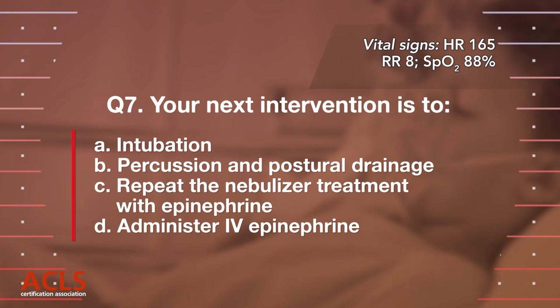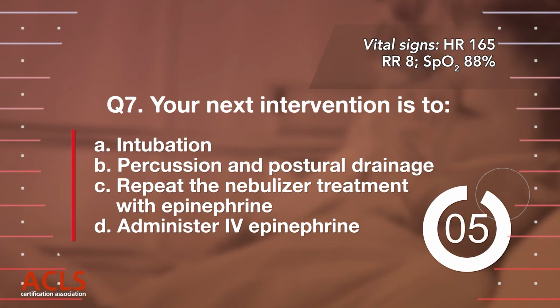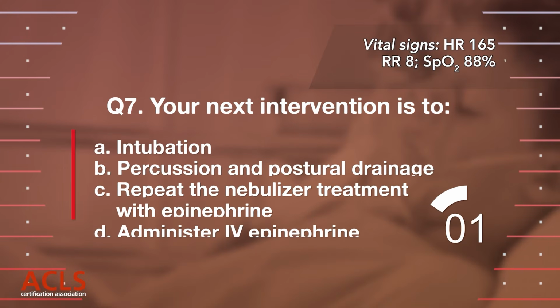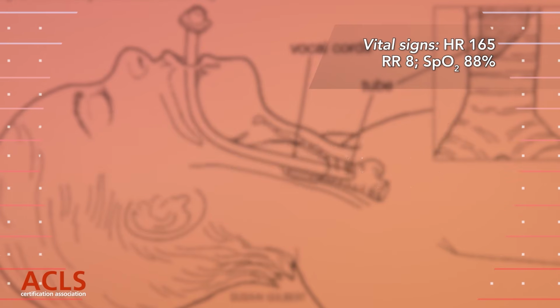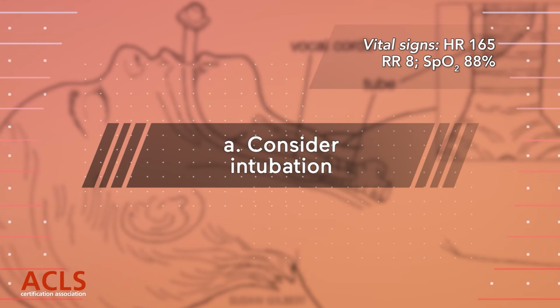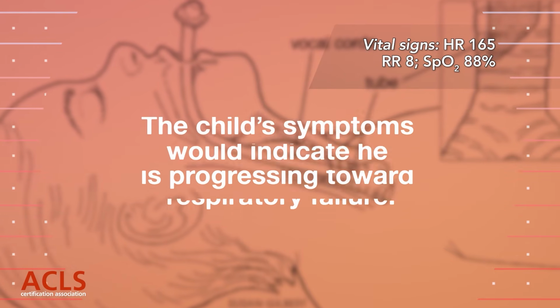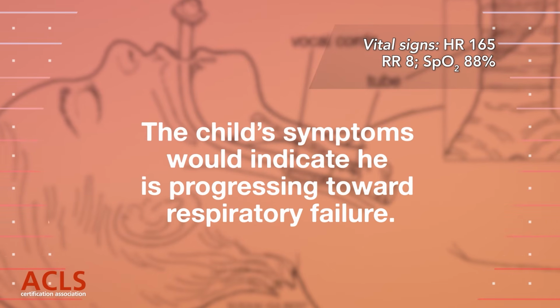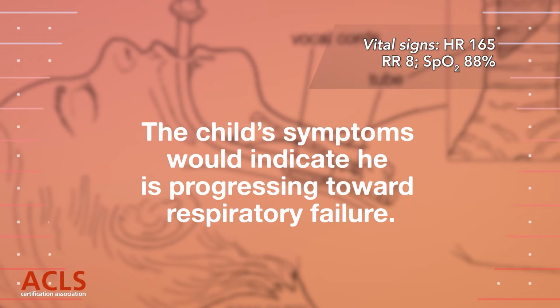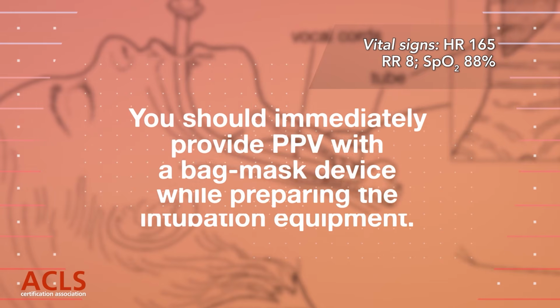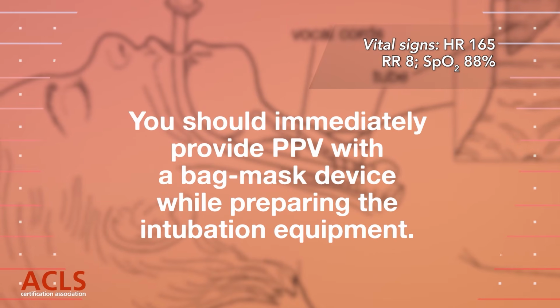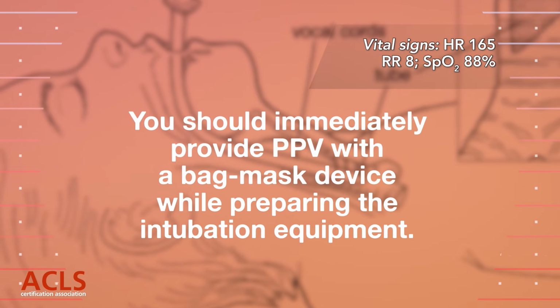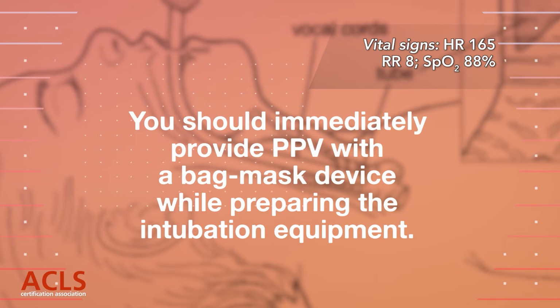D. Administer IV epinephrine. Correct answer, A. Consider intubation. The child's symptoms would indicate that he is progressing toward respiratory failure. You should immediately provide PPV with a bag mask device while preparing the intubation equipment.